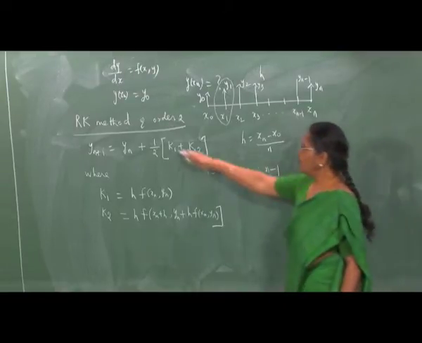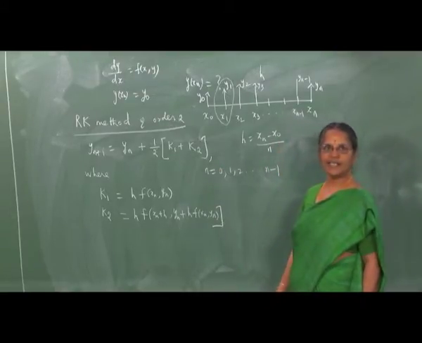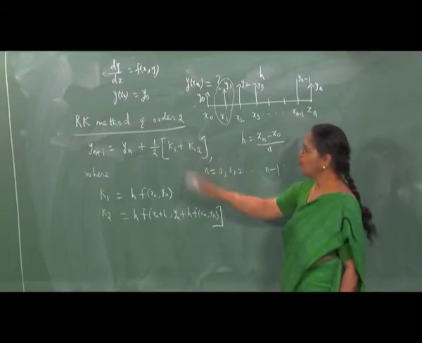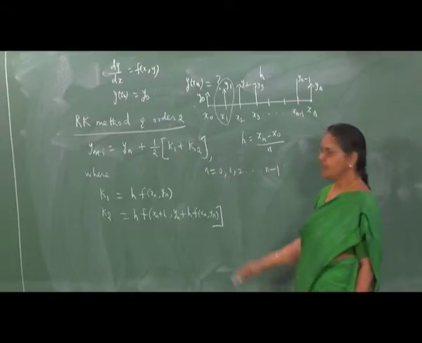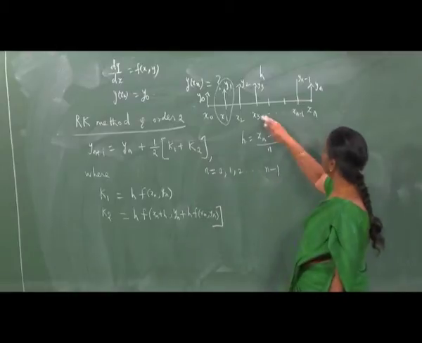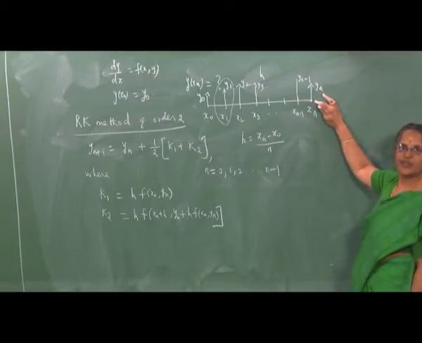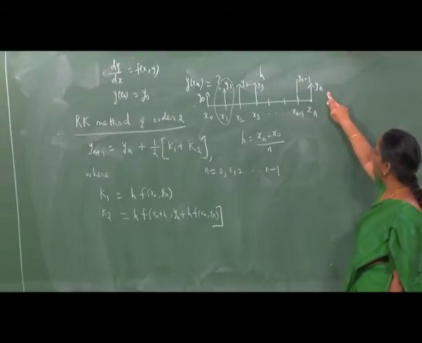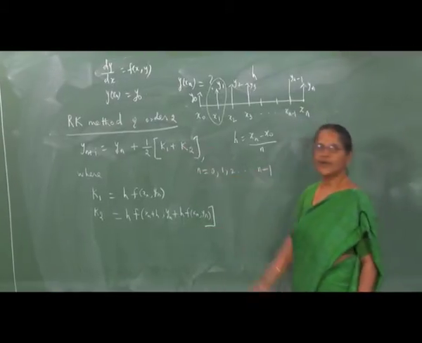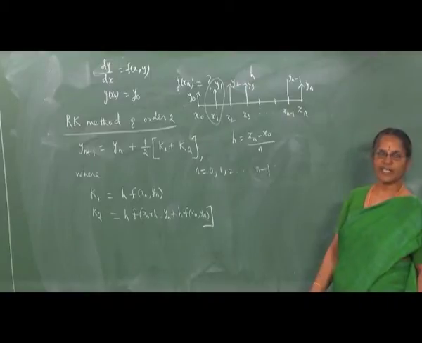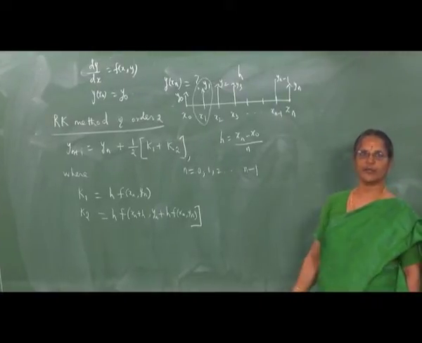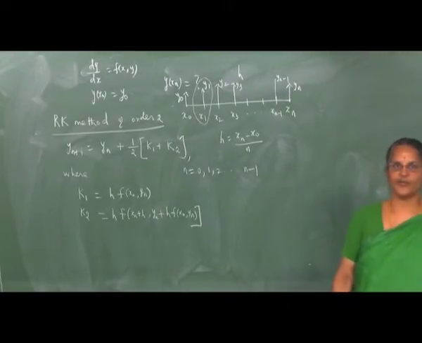So, you again use the single step method and compute y2 which is y at x2, and continue this till you reach this point xn, at which the solution is yn, and it can be obtained using the method that we have written down. This is what is Runge-Kutta method of order 2.